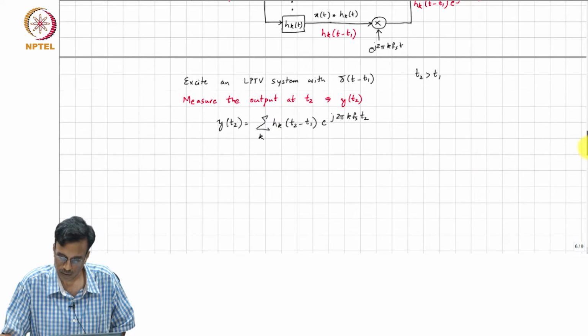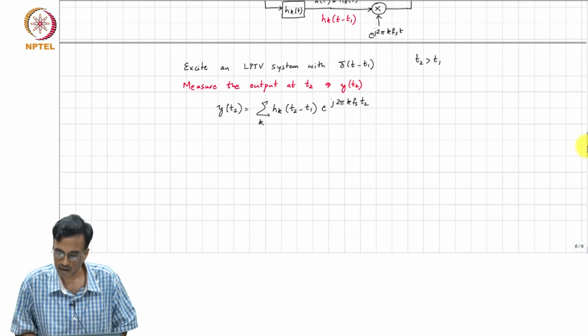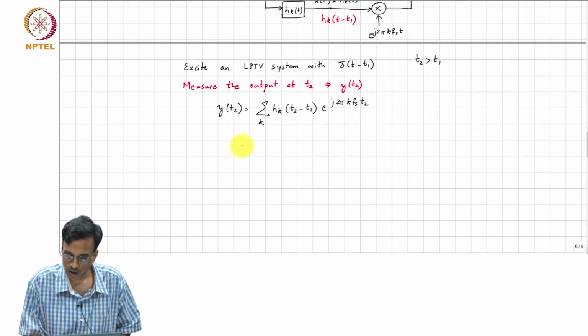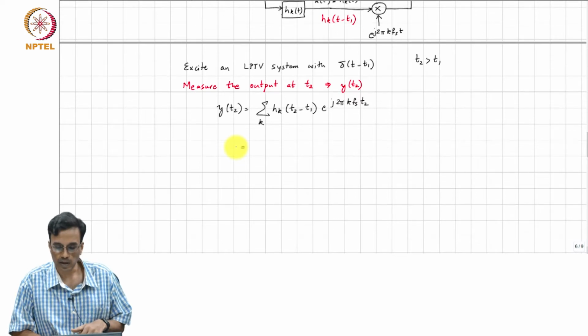Now, let me show we can interpret this in a different way. And again, this is very analogous to what we did with reciprocity.